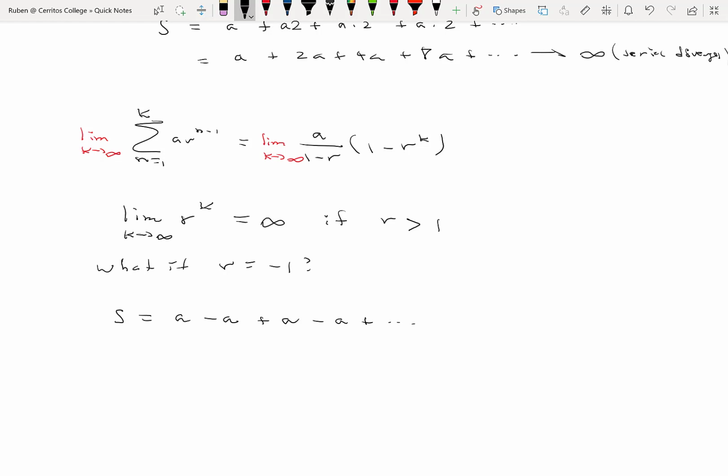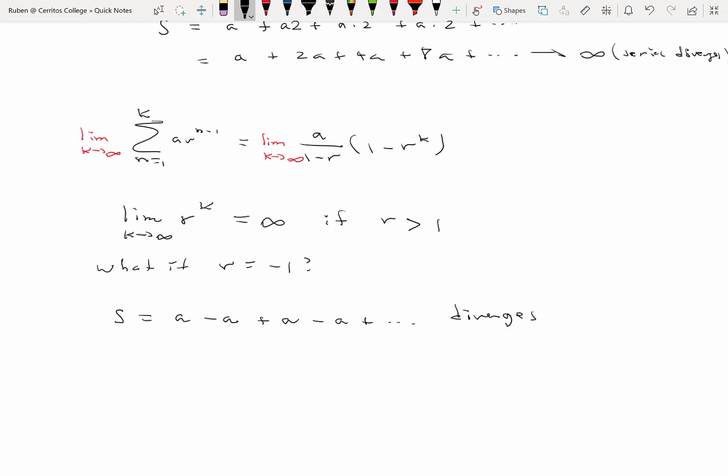Then you remove A pizzas, that's 0. Then you add A pizzas, there's A pizzas again. Then you remove A pizzas, it's 0. Divergent. It doesn't approach infinity. Through all infinity, half the time you have A pizzas in your stomach, and half the time you have nothing in your stomach.